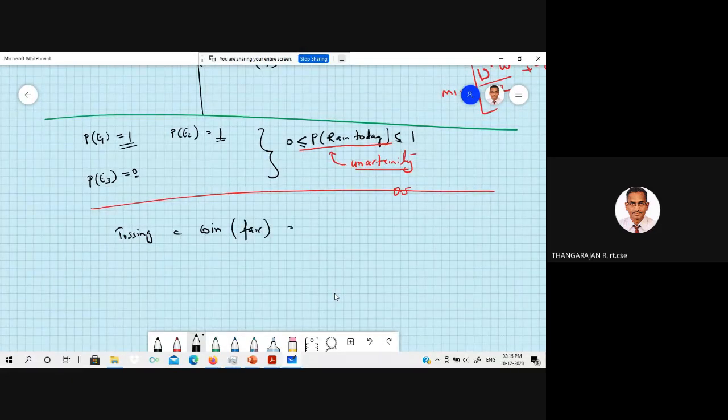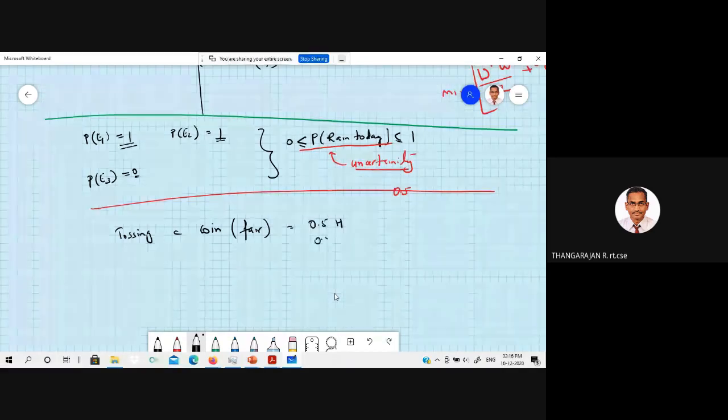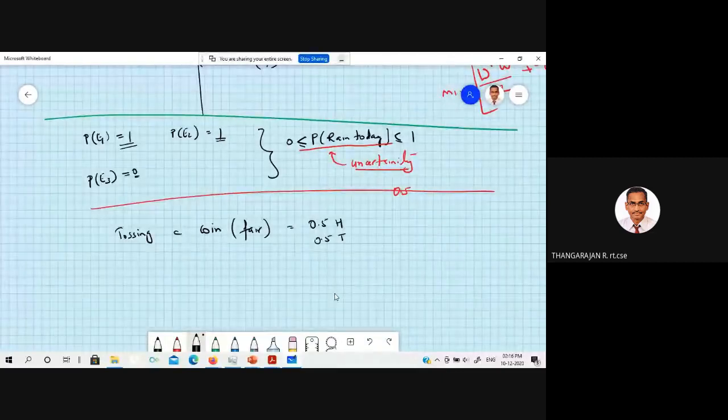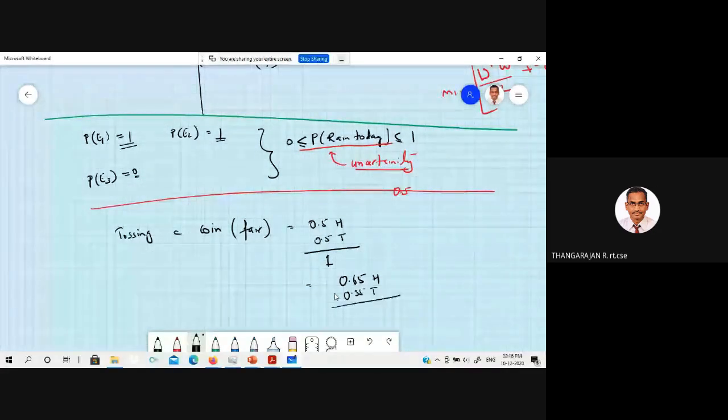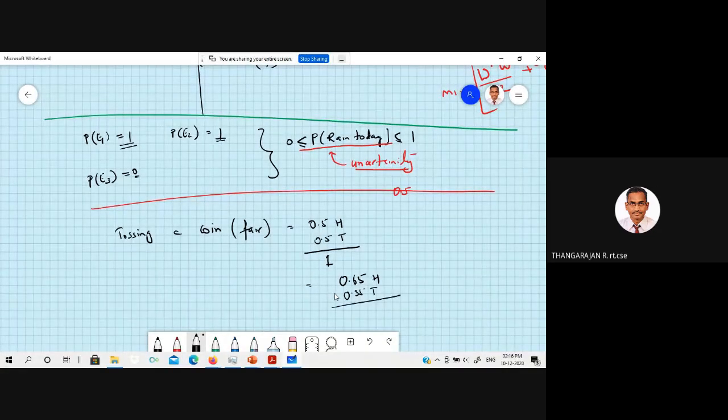In that case, the probability will always be 0.5 for head and 0.5 for tail, so the total will always be 1. But sometimes the coin may not be fair. In that case, the probability of head may be slightly higher. It may be 0.65 for head and 0.35 for tail. So when you add things up, what do you get?